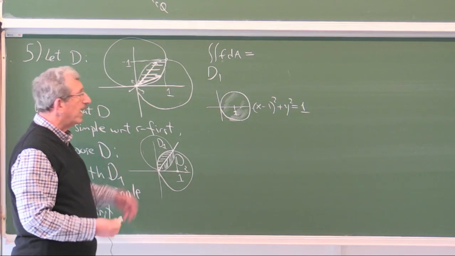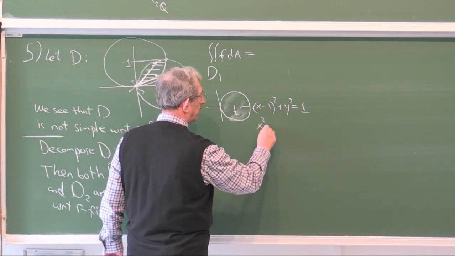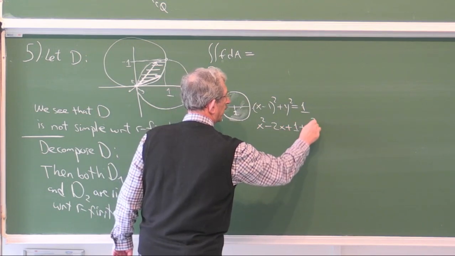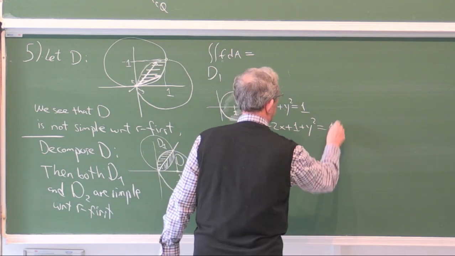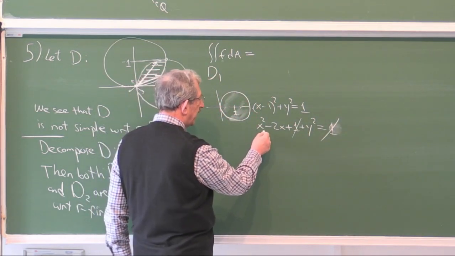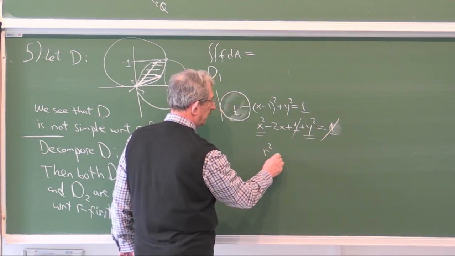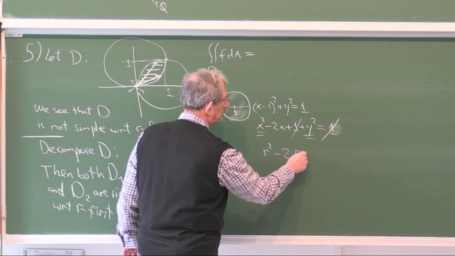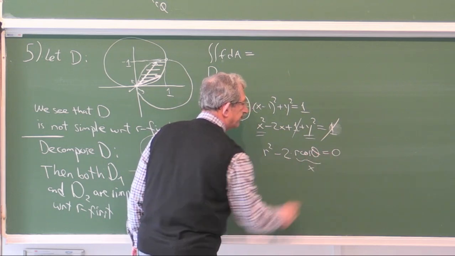Well, to do that, let us open this up. That is x squared minus 2x plus 1 plus y squared equals 1, sorry. And the 1s cancel out. And we know that x squared plus y squared is r squared, minus 2x, that is 2r cosine theta, since this is x, equals 0.